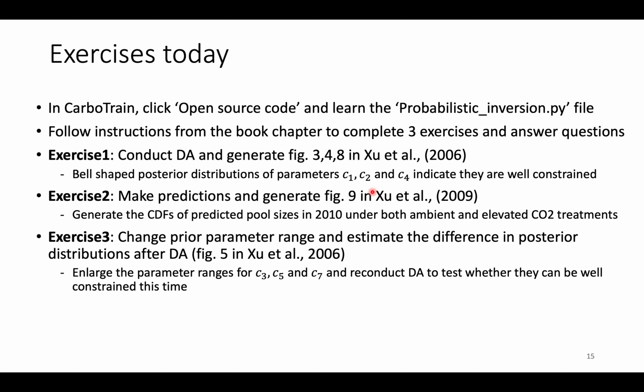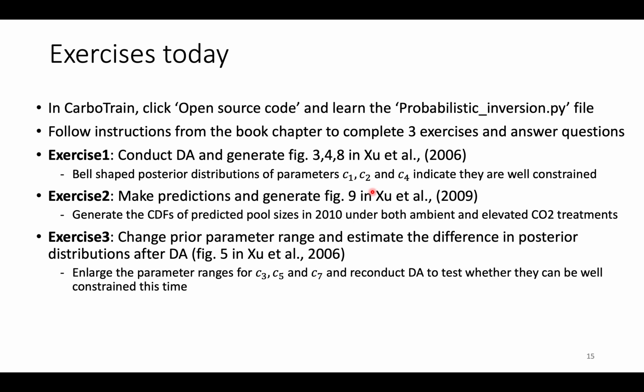We will have 3 exercises today. One is to conduct the simulation and compare the figures you generate with figures 3, 4, 8 in Schüttel's paper. The expected result is a bell-shaped posterior distribution for parameters C1, C2, and C4.